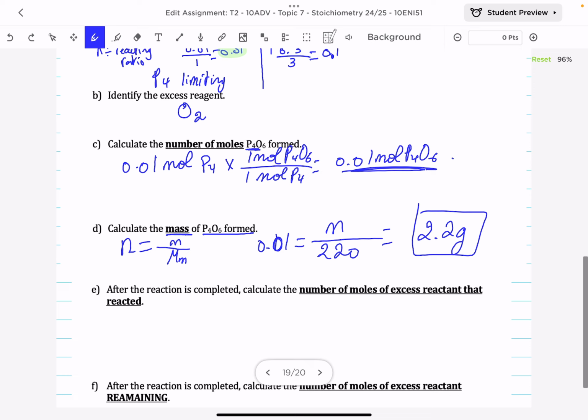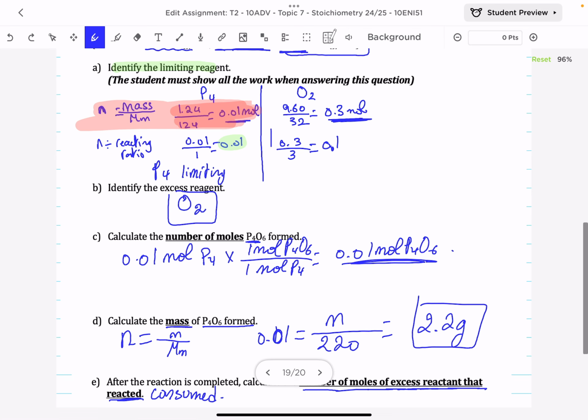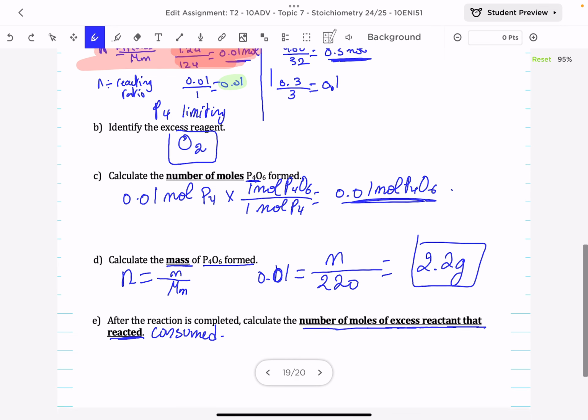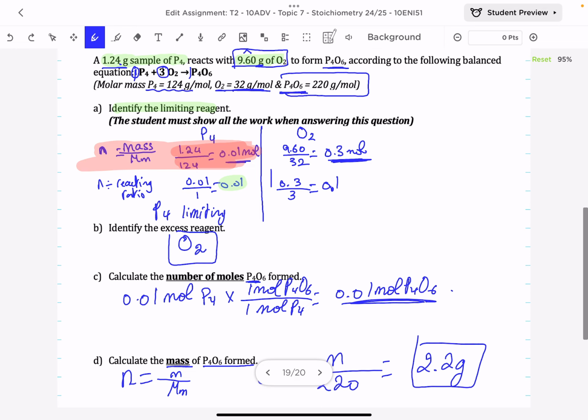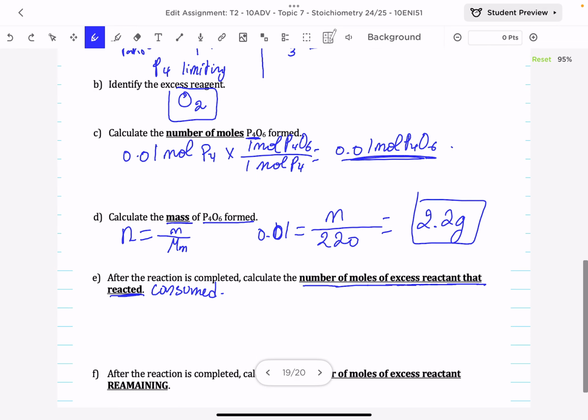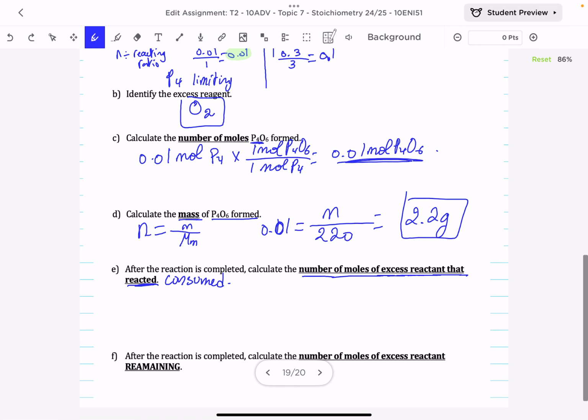Now another question. After the reaction is completed, tell me how many moles of the excess reacted, were used, consumed. Let's go back again. Who's our excess? It's O2. So how much O2 did we use? Again, I build my calculations using the limiting reagent, the 0.01 mole of P4.